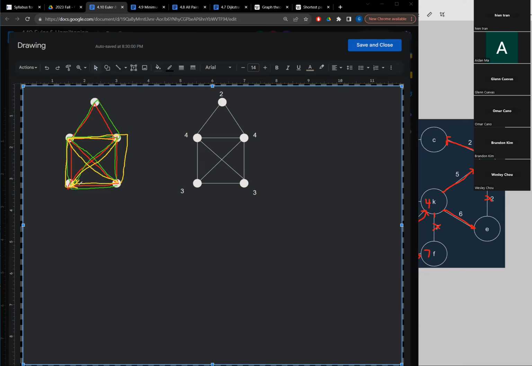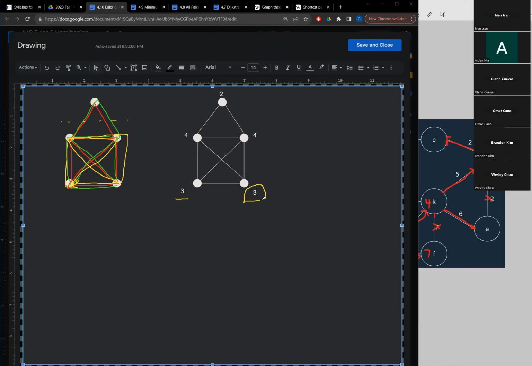All right, so there is a little bit of a problem with my yellow solution here and the way I consumed my edges. But the key thing is if the degree of every vertex in my graph is even, then the entire graph has an Eulerian circuit.